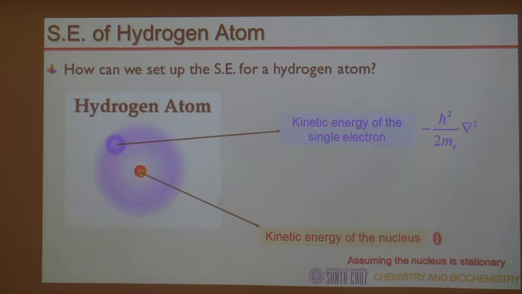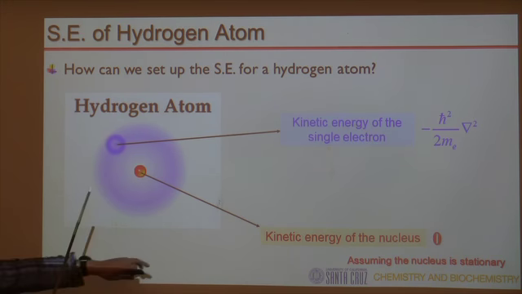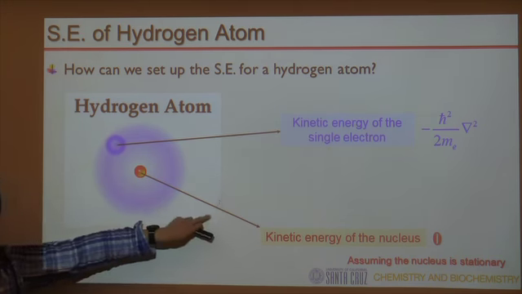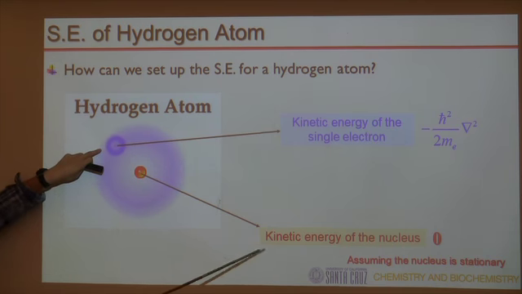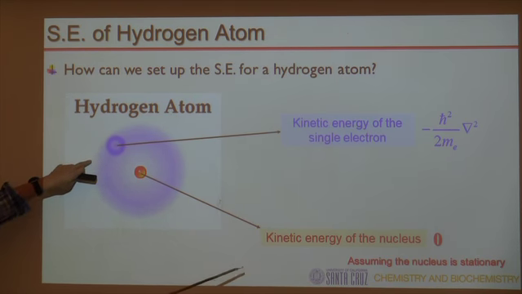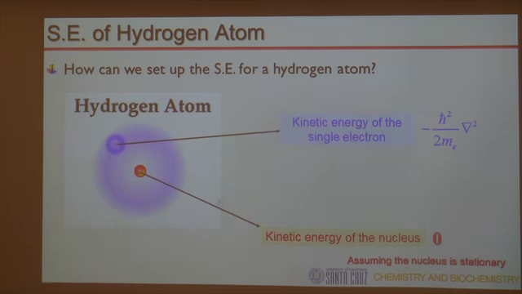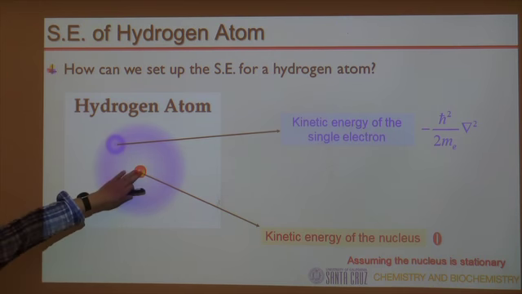That simplifies our calculation in the future. But I want you to be clear that there is still a term called the kinetic energy of the nucleus. Compared to the kinetic energy of the electron, it is so tiny that we can just ignore it. So assume that's 0.